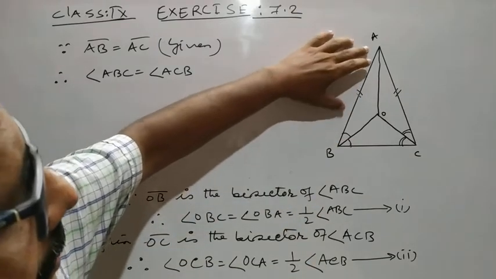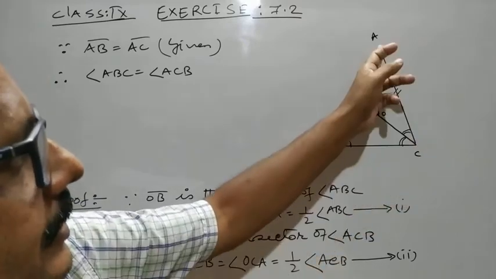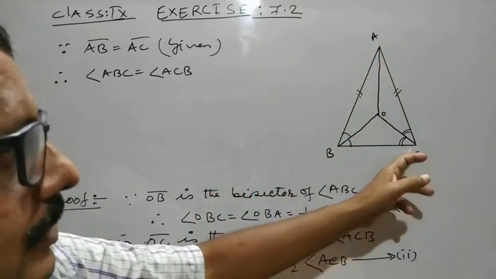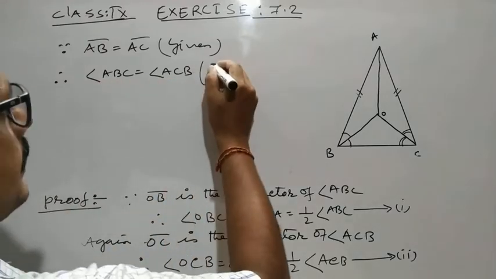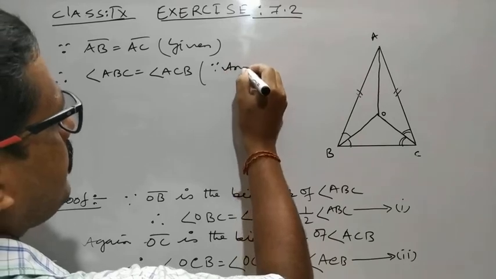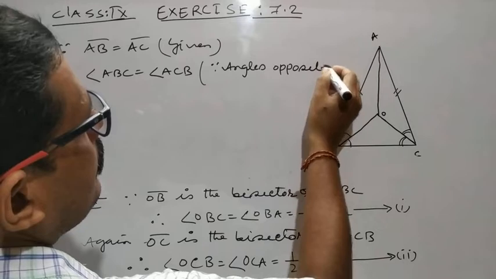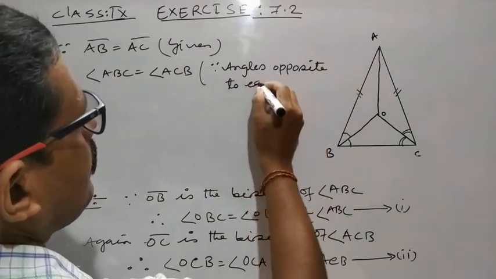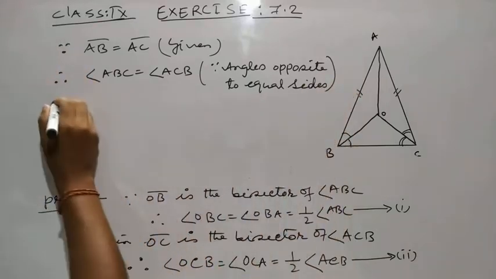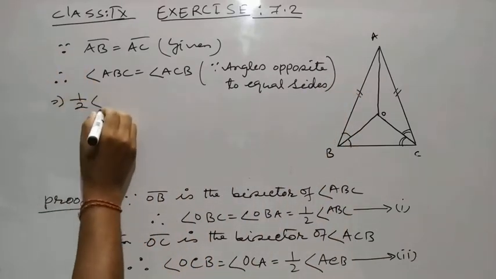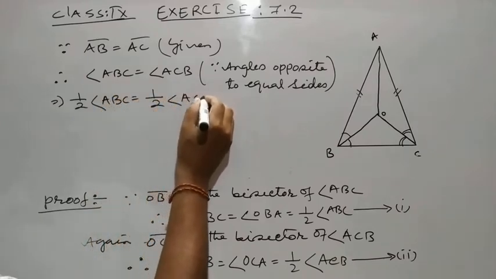So AB, its opposite angle is ACB, and AC, its opposite angle is ABC. So therefore angle ABC equal to angle ACB, since angles opposite to equal sides are equal. This implies that half angle ABC equal to half angle ACB.